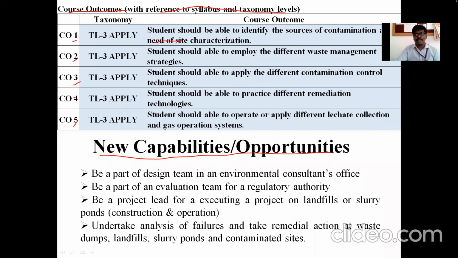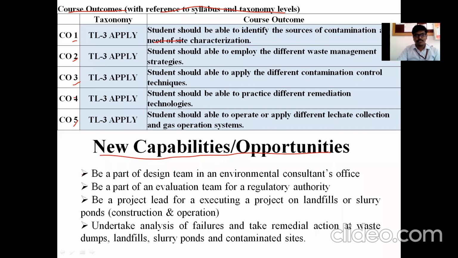But you should know why you have learned this course and what opportunities you may get in the future. If you go to any construction site as a project engineer or a site engineer, or to any consultancy firm, whatever you have learned at B.Tech level should be made use of there.